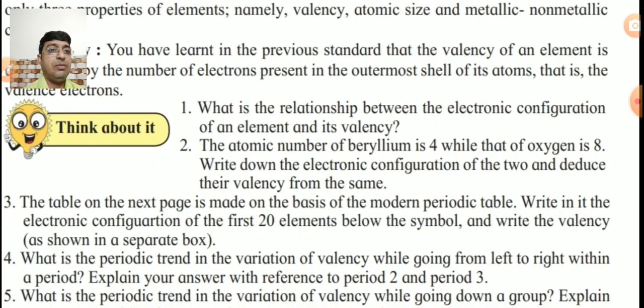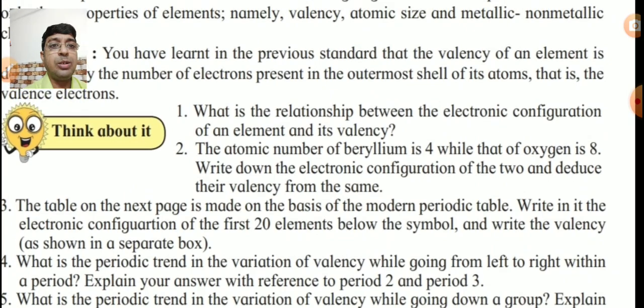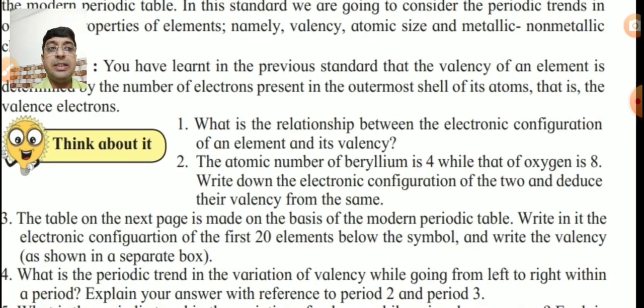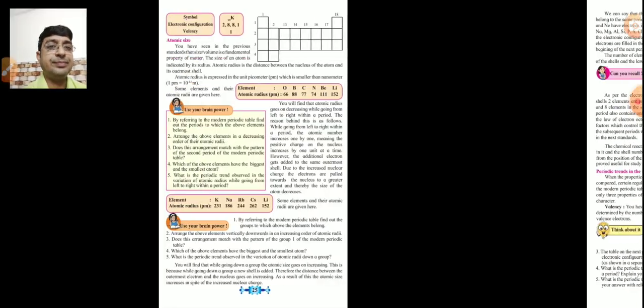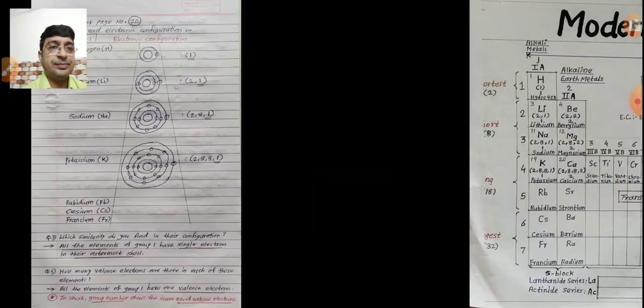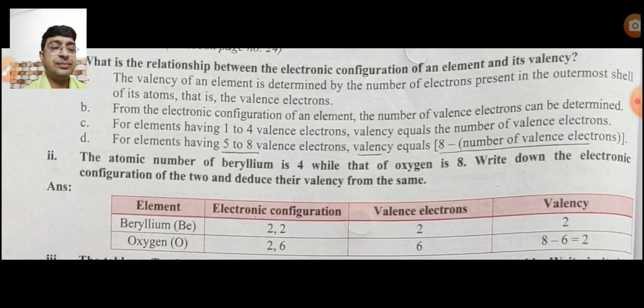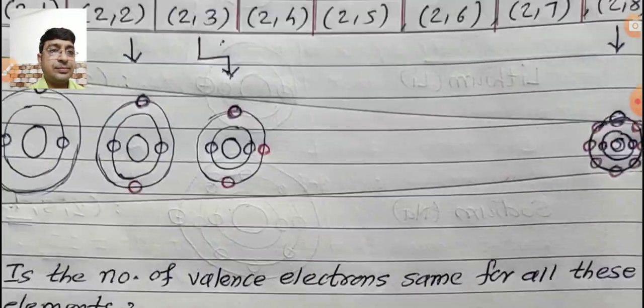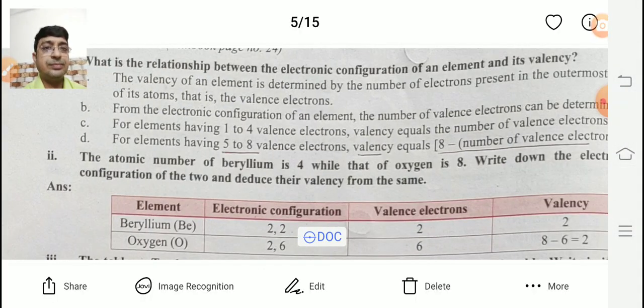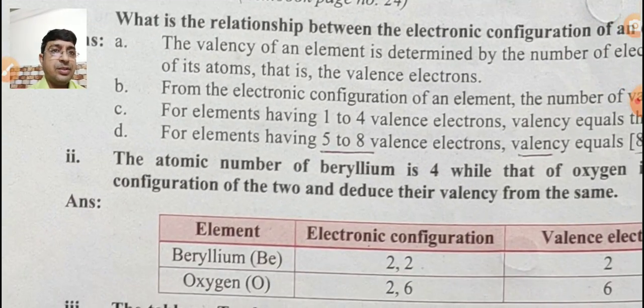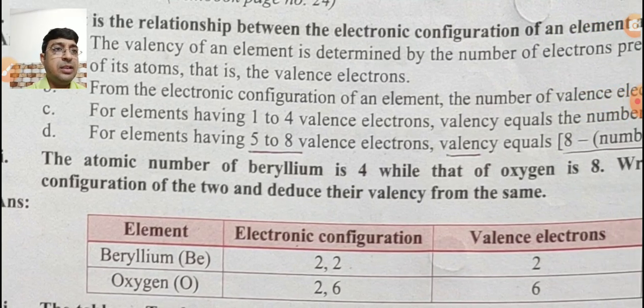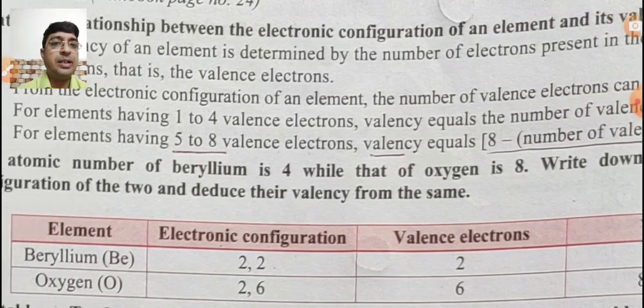First one: what is the relationship between the electronic configuration of an element and its valency?